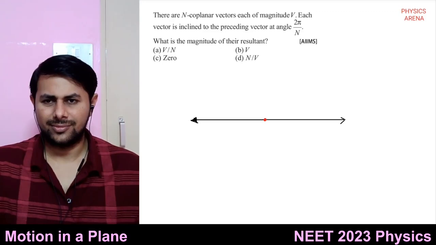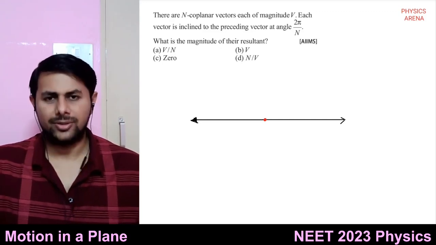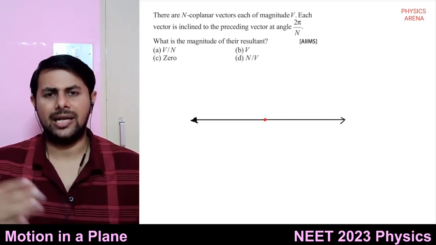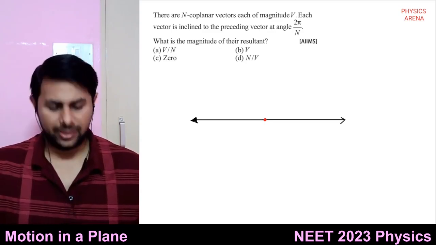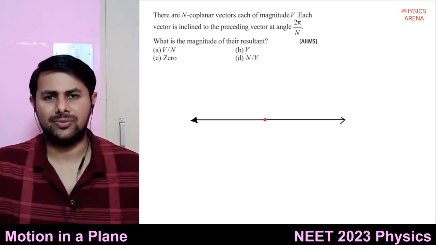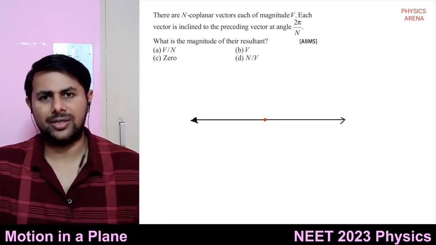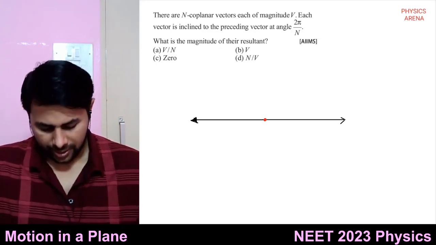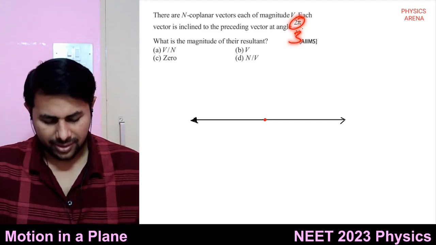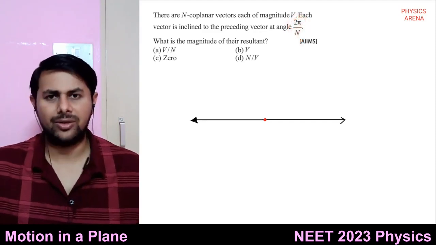Okay, then you can take n equals 3, 4, 5, anything. If you take n equals 3, what do you get? You'll get 120 degrees, because it's 2 pi divided by 3. So 120, 120, 120.